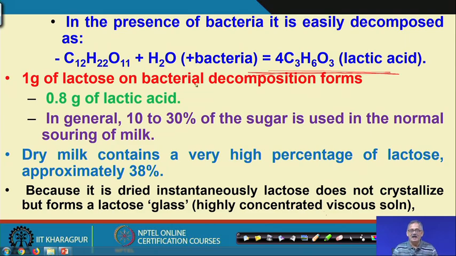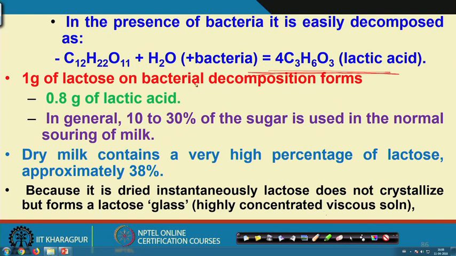Surprisingly, you will see that 1 gram of lactose by bacterial decomposition forms around 0.8 gram of lactic acid.